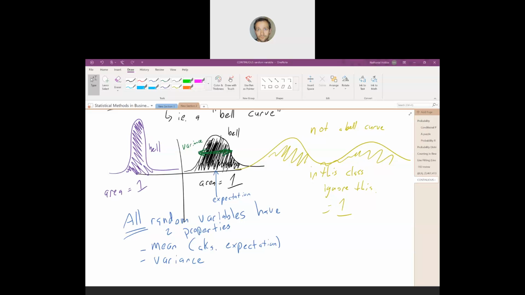The variance is how much things are spread out away from the mean or away from the expectation. So on the right, it's fatter, so there are more values that are away from the middle of the bell. On the left, the purple one, the values are closer to the middle, so it has a lower variance. And no matter what, all random variables have these two properties. Okay?